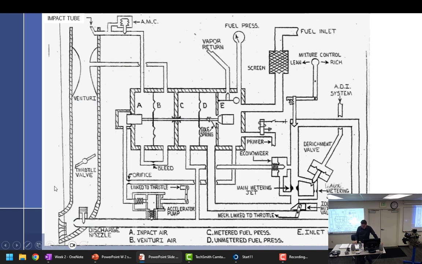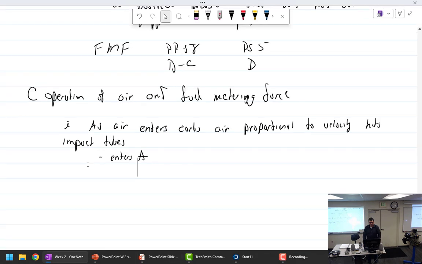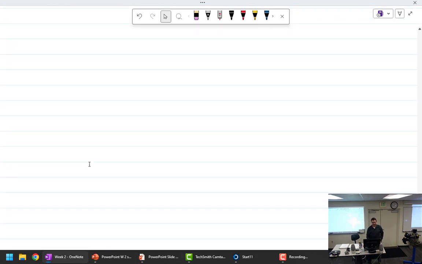Main parts of the pressure carb. I can write this down. We have the throttle unit.